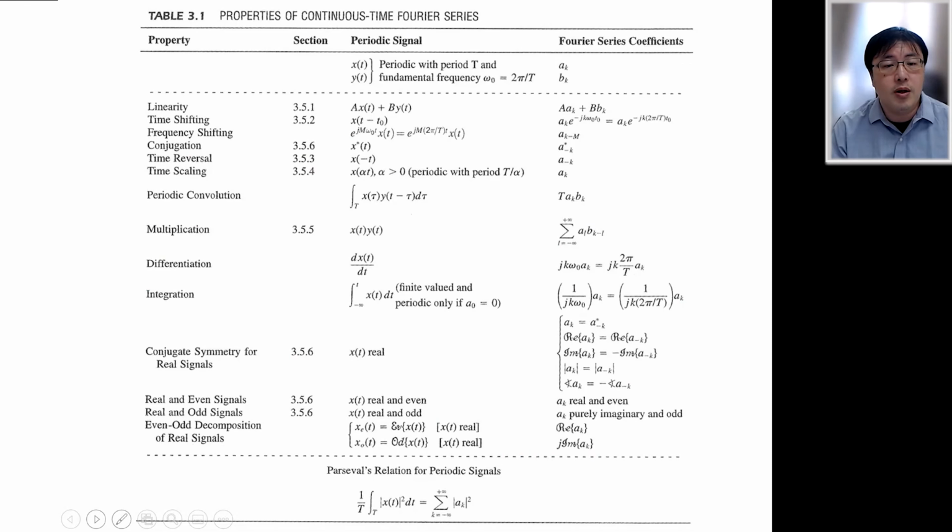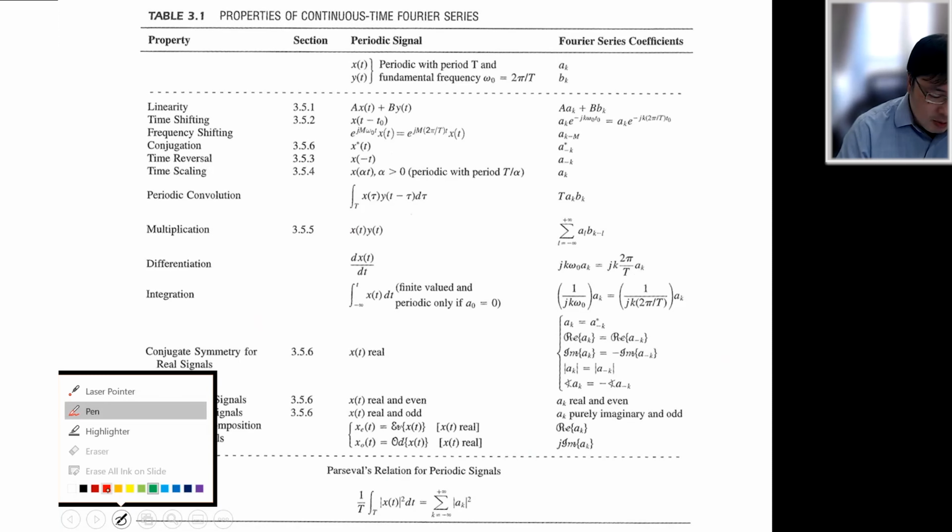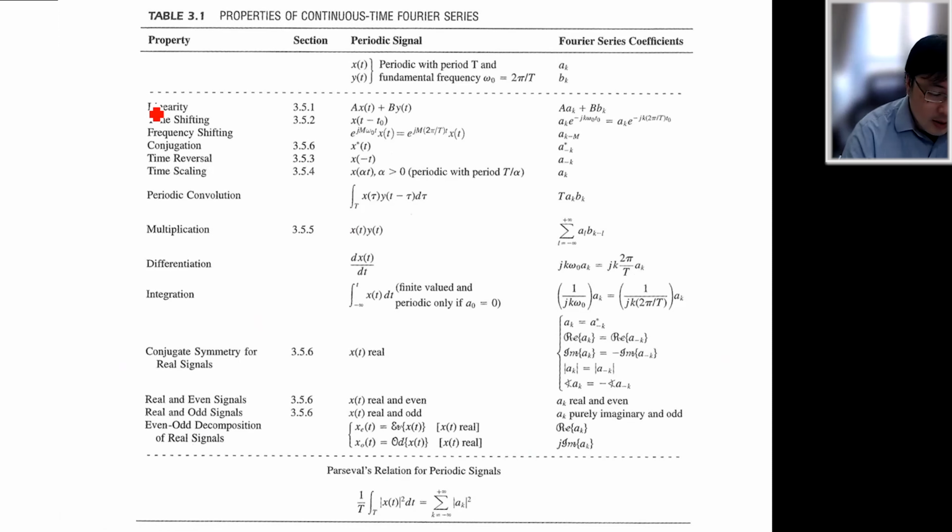In this table 3.1, we actually have a list of properties that are often encountered. We did not go through all of these, but you can prove all of these following similar approaches. We only touched upon linearity, time shifting, conjugation, time reversal, time scaling, and multiplication.